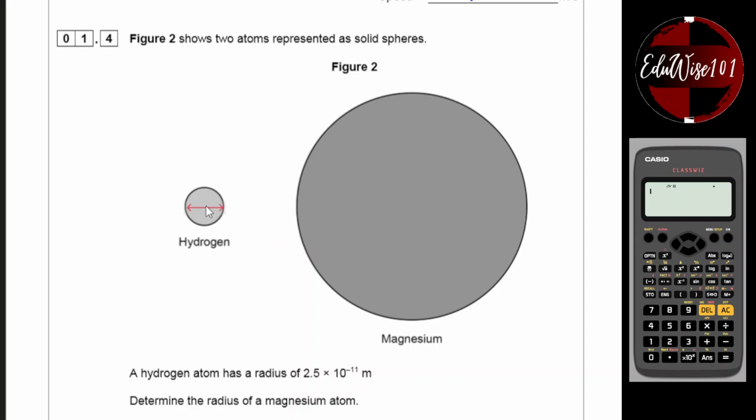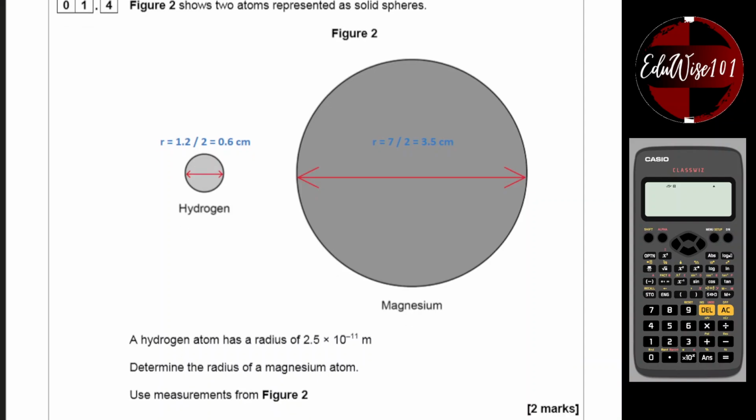So if I measure the radius of this hydrogen atom, I measure the diameter, which is 1.2 centimeters, divide that by 2, so I get 0.6 centimeters. Right? So I'm measuring the radius here, and if I measure the diameter of this magnesium atom, the diameter is 7 centimeters, divide that by 2 to get the radius, which is 3.5 centimeters.